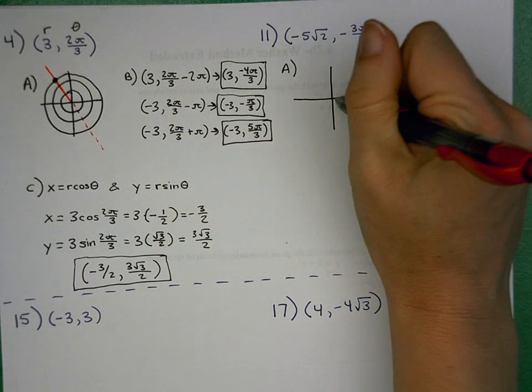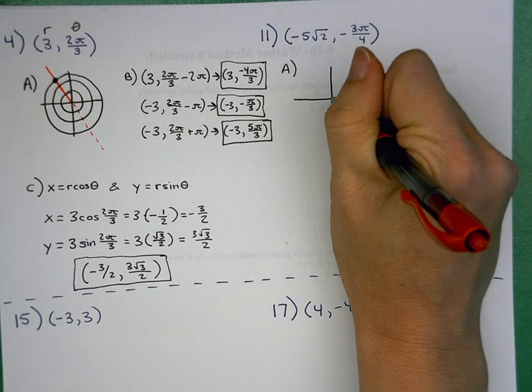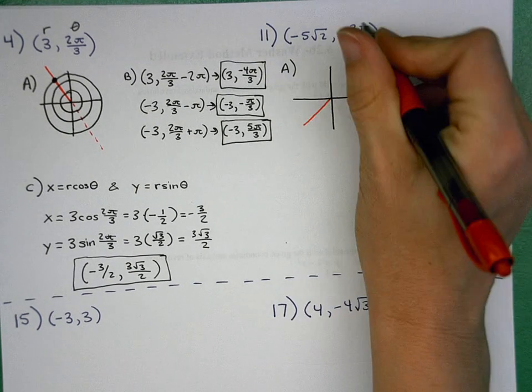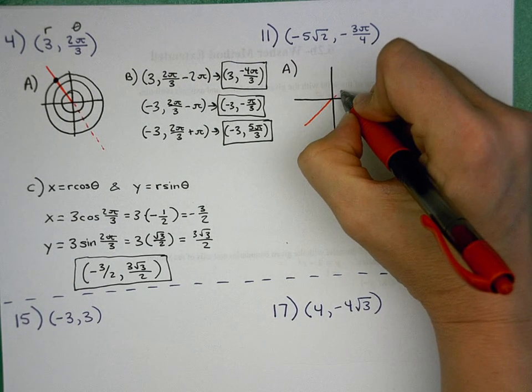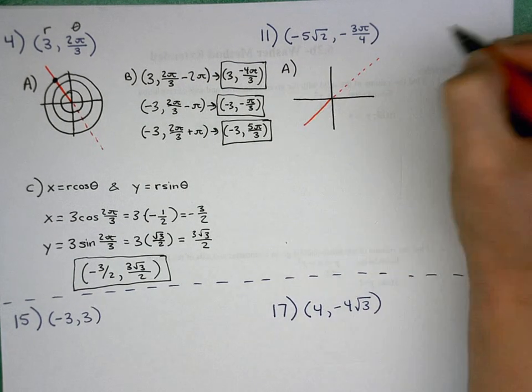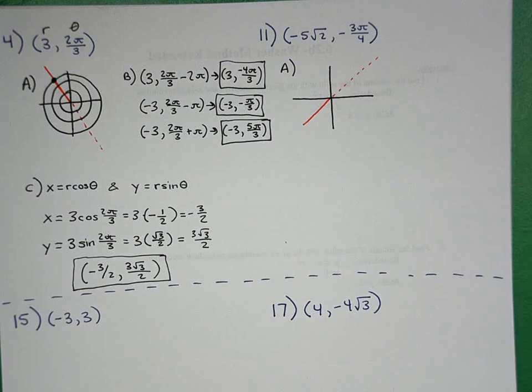Okay, so negative 3 pi over 4 would be in the third quadrant, right? Negative angle sends me clockwise, so negative 3 pi over 4. It's a 45-degree angle there. And then I'm going negative 5 root 2 as a radius.